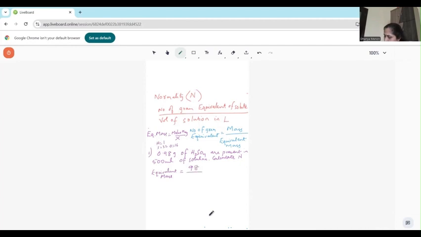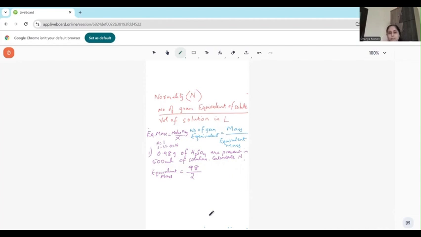For sulfuric acid, we just did it now. Sulfuric acid dissociates to give 2H plus plus sulfate ions. How many H plus ions are there? 2 of them, right? So the X factor for sulfuric acid is 2. So I write here 2. I got my equivalent mass. From equivalent mass, can I get the number of gram equivalents? Yes. So equivalent mass is equal to 49.